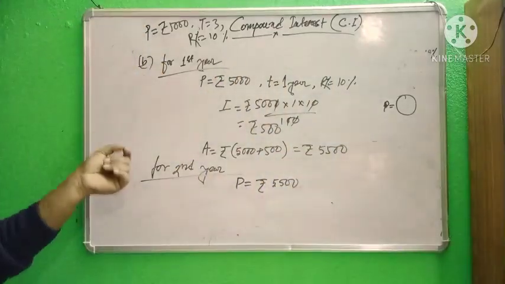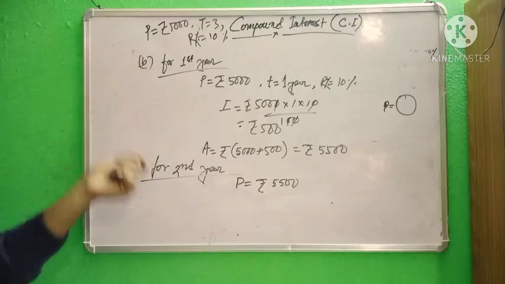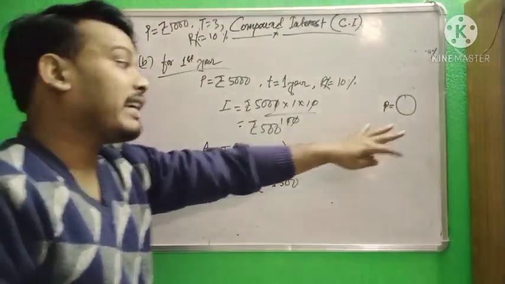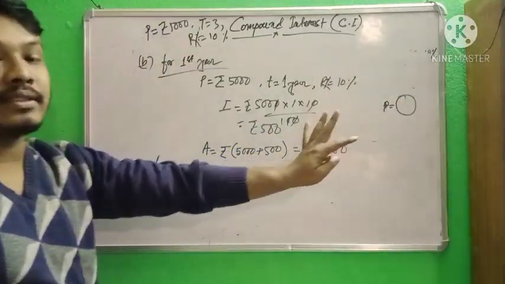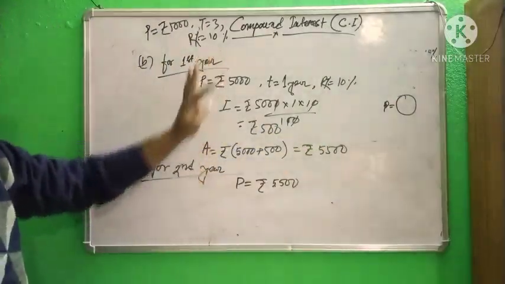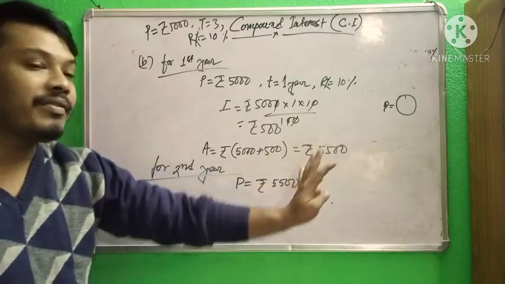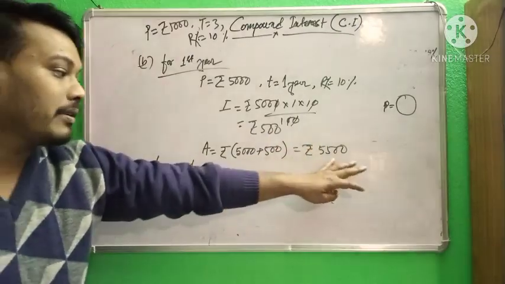Simple interest is always calculated on the principal, so in the second year the principal does not change. But in case of CI, the second year principal is the amount of the previous year at the end.